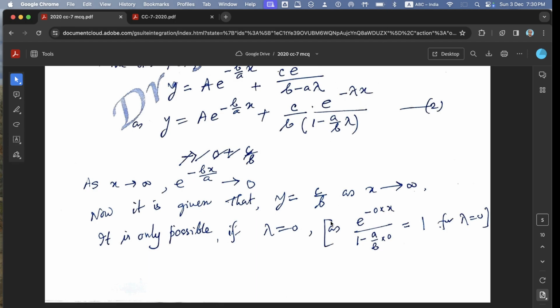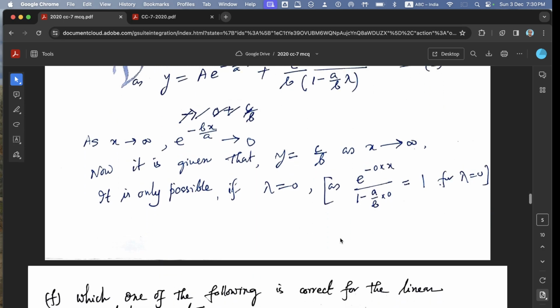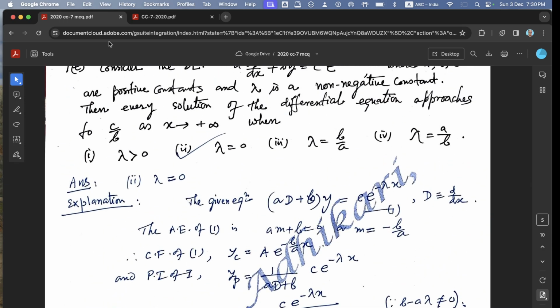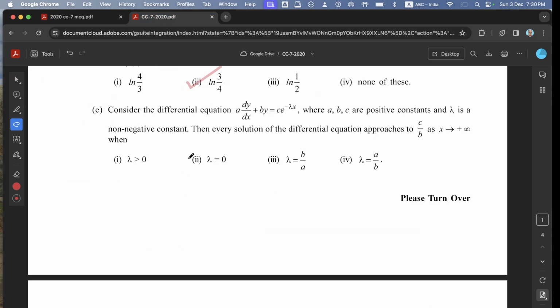If we put λ = 0, then e^0 is 1, and the bracket is also 1. So we get this equal to 1. So when x tends to infinity, y tends to c/b only if λ = 0. So the correct option is 2, λ = 0.